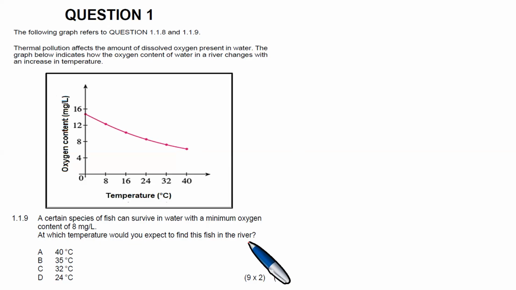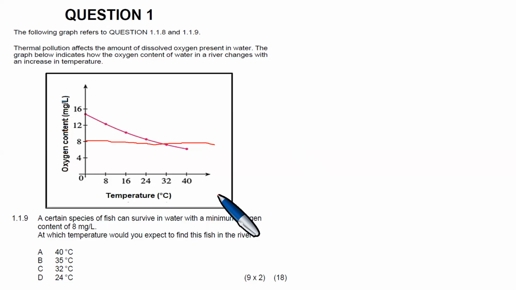These species of fish can survive in water with a minimum oxygen content of 8 milligrams per liter. So if you have 8 milligrams per liter, you are somewhere here on average, just about there. So what would the temperature be in 1.1.9?